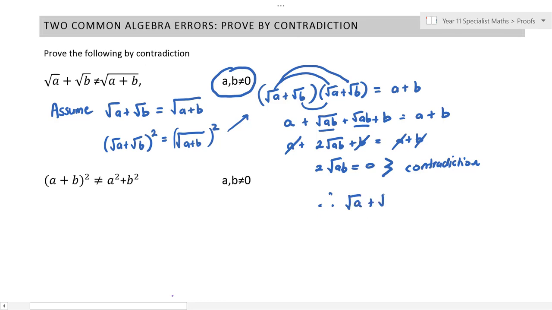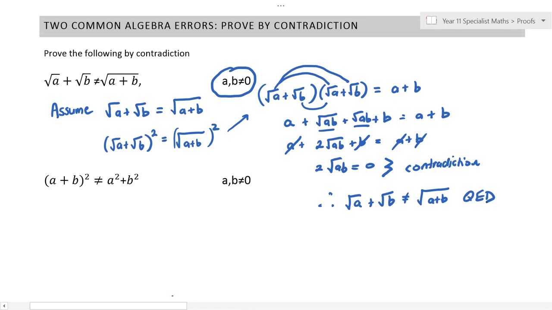Root A plus root B is not equal to root A plus B. So you start off with assuming the opposite, finding a contradiction, and then making your final statement. People might write QED, as I said, but you know what? Therefore, this is not equal. That's fine by me.